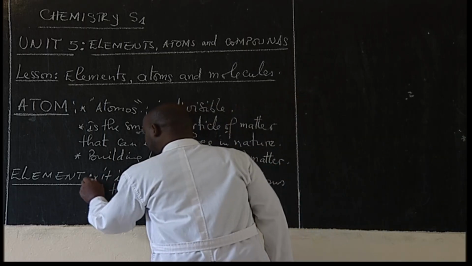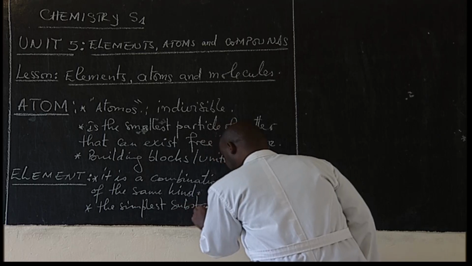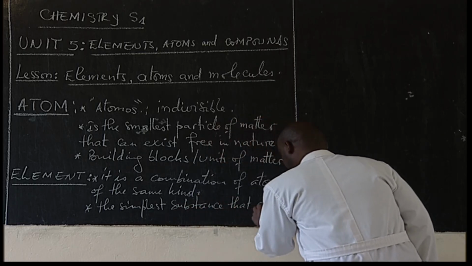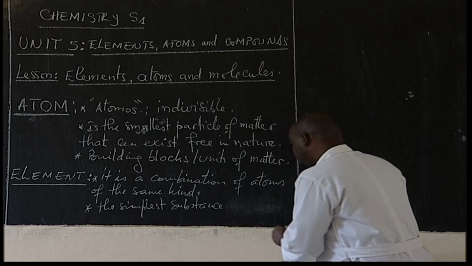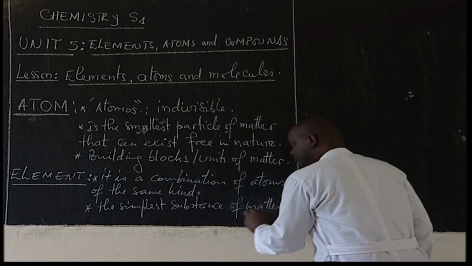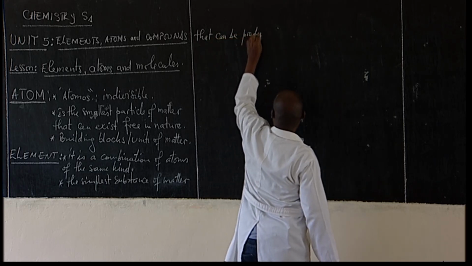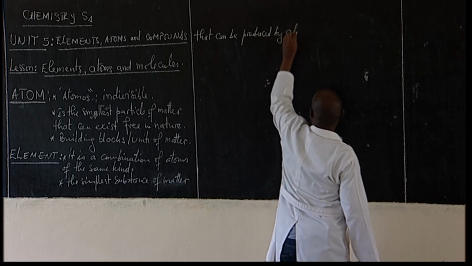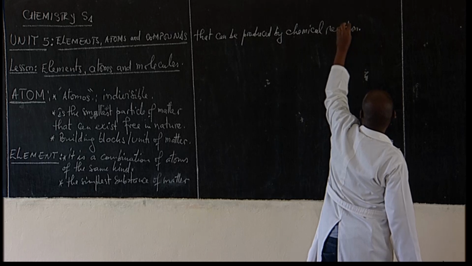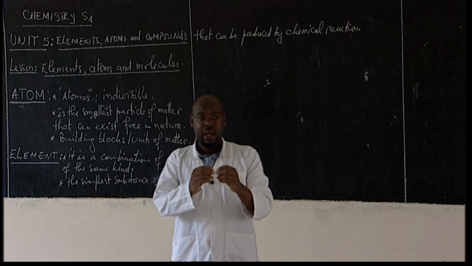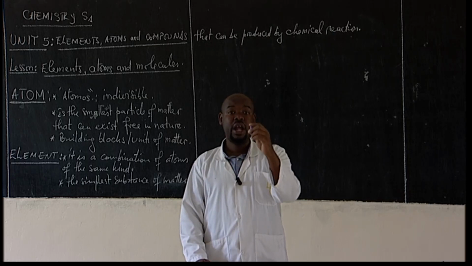So an element is also the simplest substance or component of matter that can be produced by a chemical reaction. So if you take your piece of chalk, for example, the piece of chalk we are using, of course, this one is a compound.